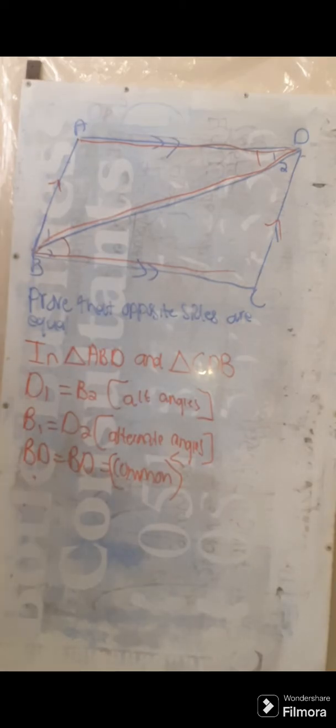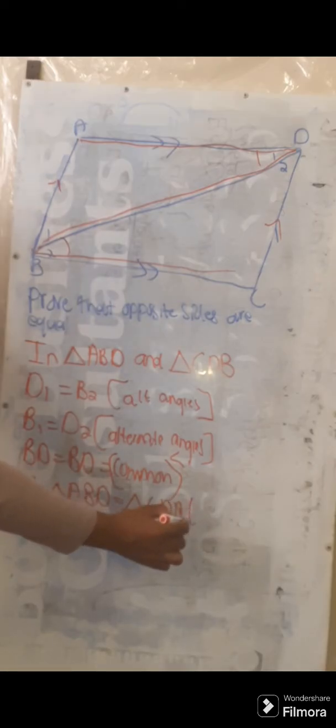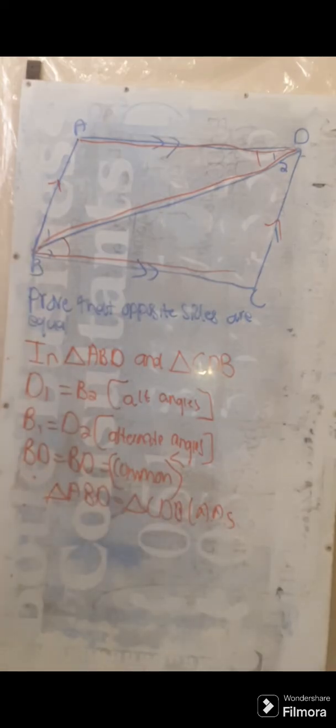And then here you will say, therefore, triangle ABD is congruent to triangle CDB, and that's AAS. That's what you have, angle, angle, side.